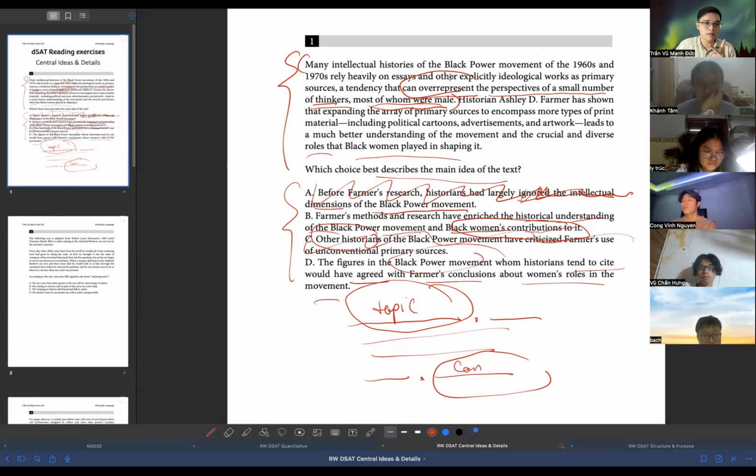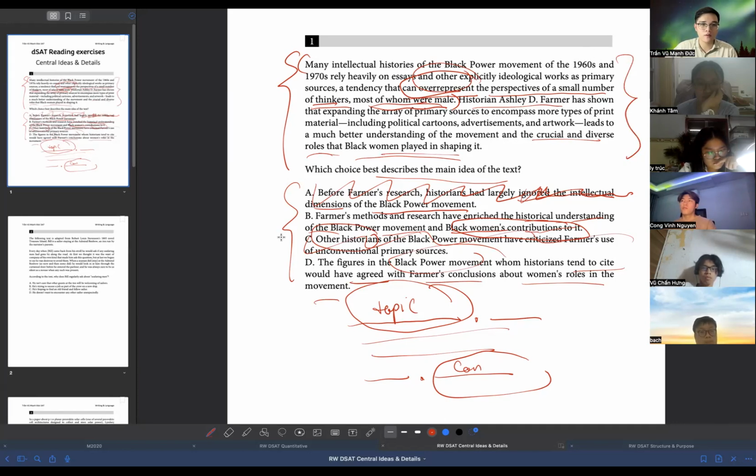Firstly is the topic: they most likely overrepresent the male population. And secondly is how it is unfair to women. And historian Farmer has shown the expanding, crucial and diverse role that women played. So in summary, D is misaligned with the topic sentence and also with the paragraph as a whole.